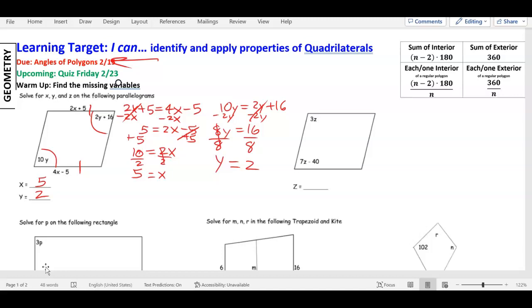So let me show you how that looks. This is one arc. This will be two arcs. They're not the same. So we're going to add them up equal to 180. So 3z plus 7z minus 40 equals 180. That's what it means to be supplementary.